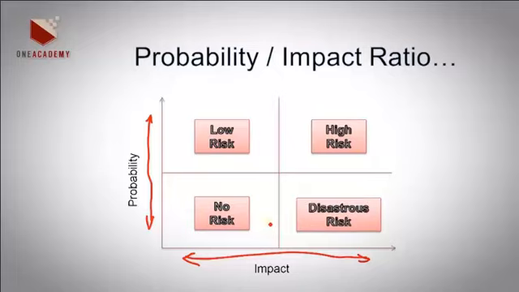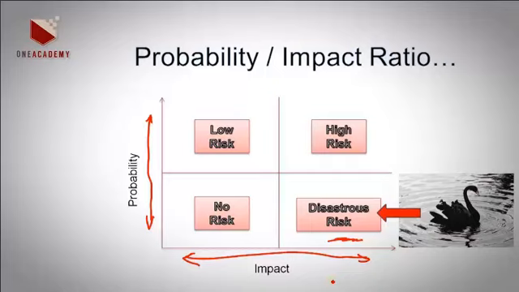And finally, we have the low probability, high impact, and it is a disastrous risk because nobody is expecting it, and most risk managers are discarding the low probability events. And this is what a black swan is. It is a low probability, high impact event.